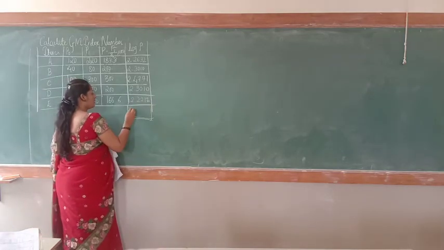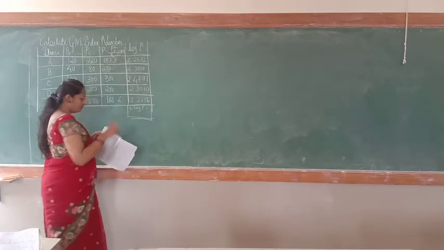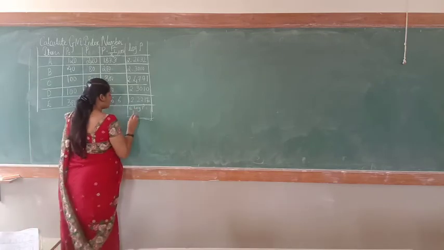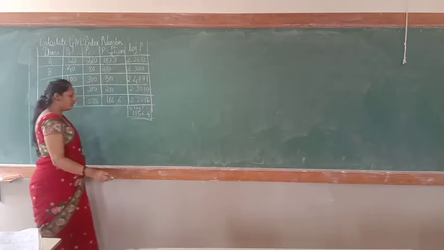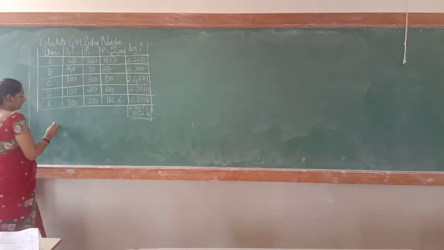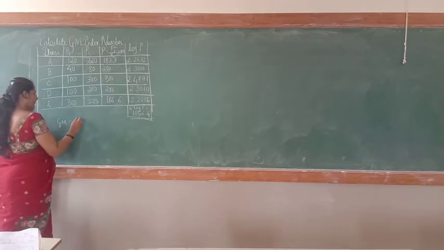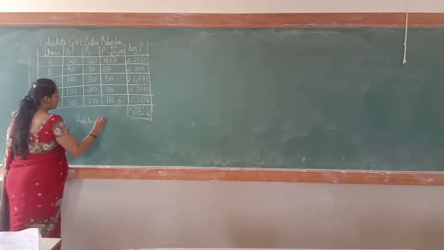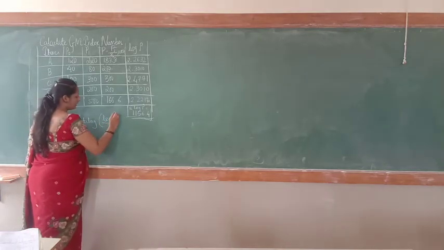Now the summation of log P, this column, comes to about 11.564. Now write the formula of the unweighted geometric mean: antilog of the bracket sum of log P divided by n.